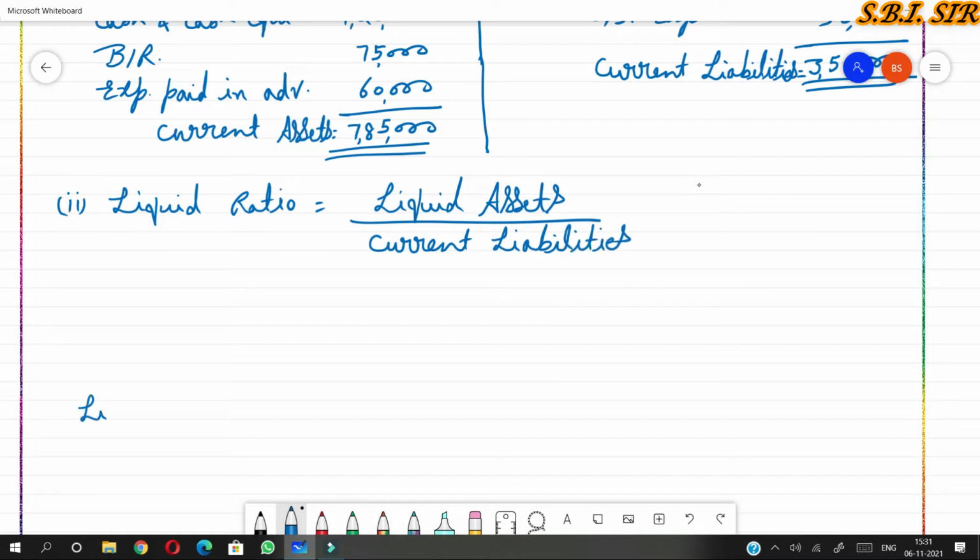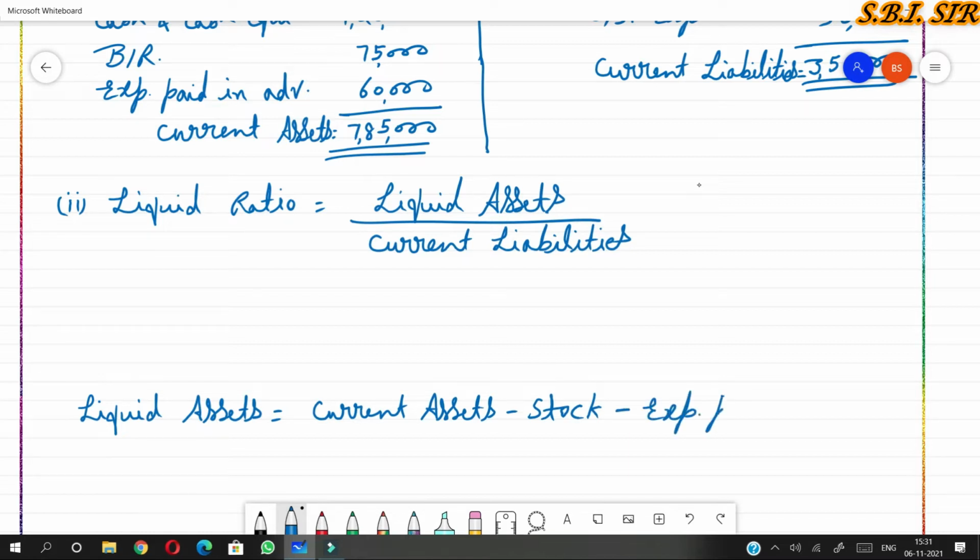Liquid assets equals, the formula for liquid assets equals current assets minus stock minus expenses paid in advance.